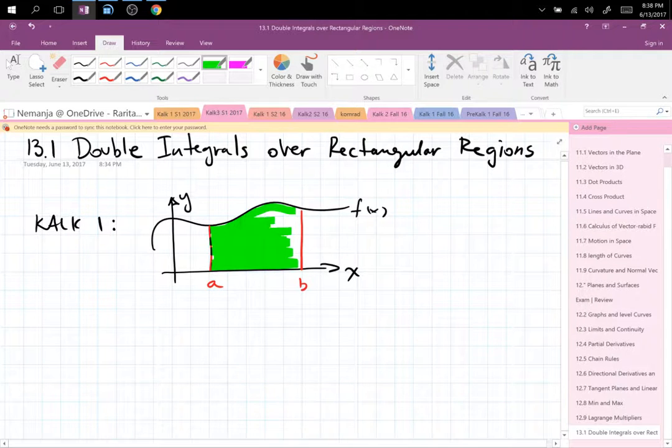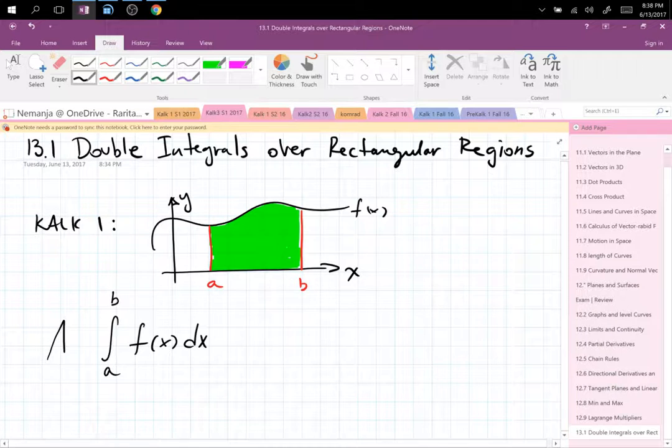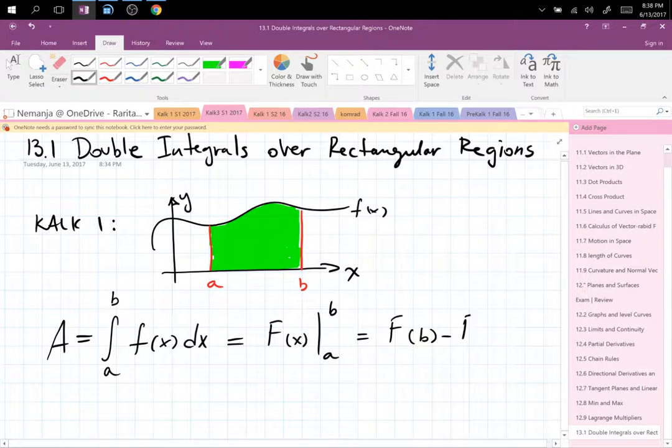So the area under this curve is going to be given by the integral, and we remember that the integral is the integral from a to b of f of x dx, and we solve it as the antiderivative of f, computed from a to b, which is F of b minus F of a, which gives us the area. Now that's computed through the fundamental theorem of calculus.